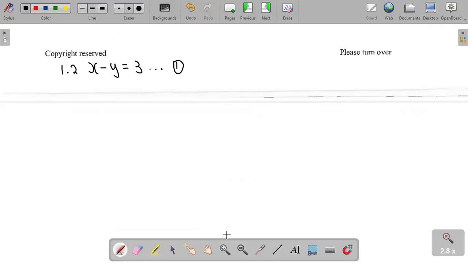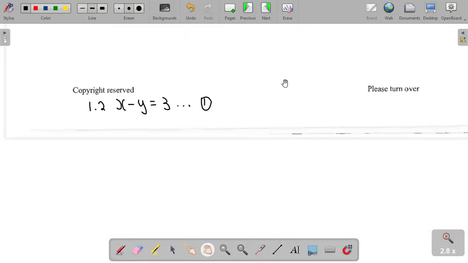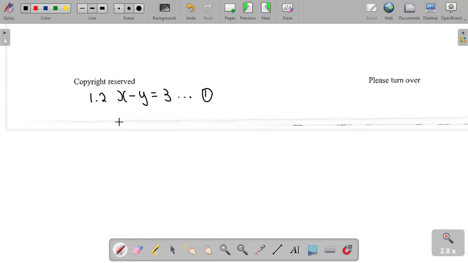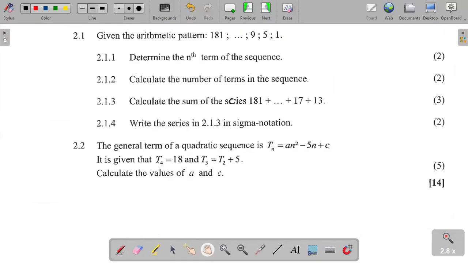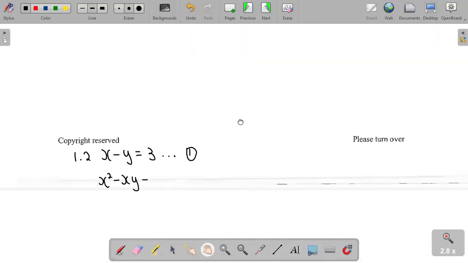And the other equation is x squared minus xy minus 2y squared equals 10.